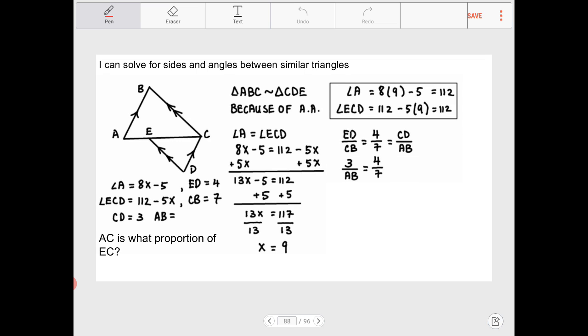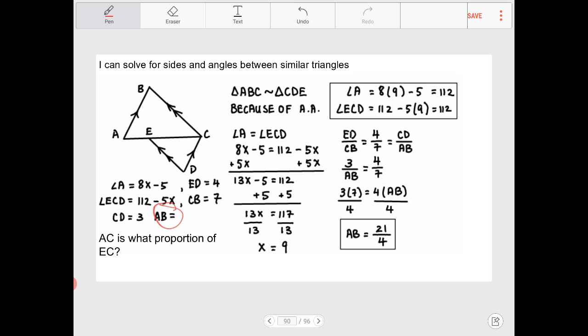So knowing this, we can say ED, which has a length of 3, to AB, CD to AB, is going to be 3 to AB will equal 4/7. I can solve for what AB is. AB, as it turns out, will be 21/4. So I solved for what AB is now.